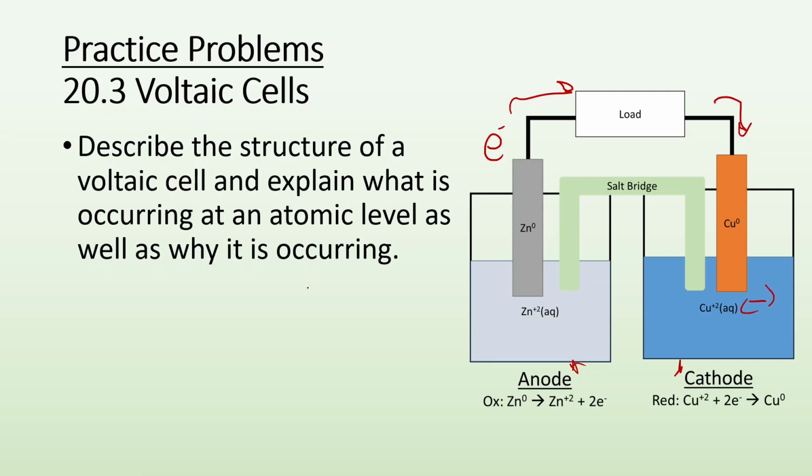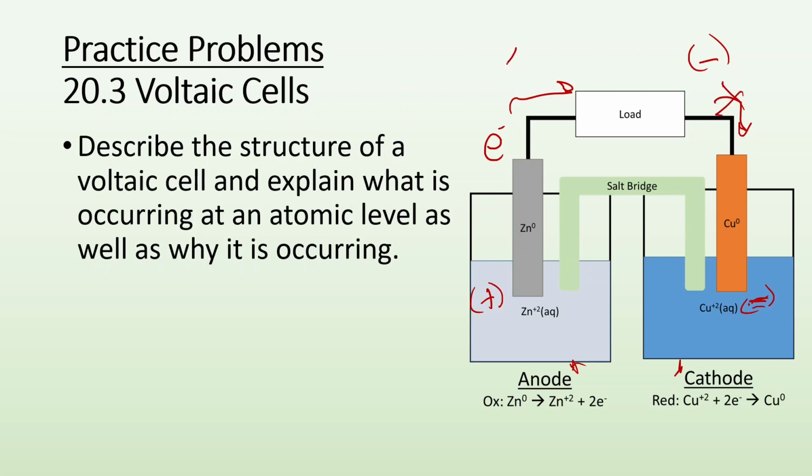And since we're losing electrons over here, it's going to become positive. Well, can I send more negatively charged electrons into an area that is becoming more and more negatively charged? No, they're going to repel. So this whole flow is going to stop unless we have a way to let the charges flow.